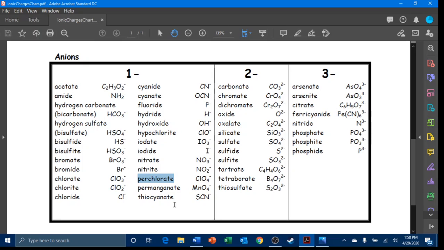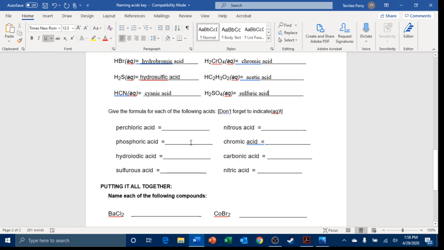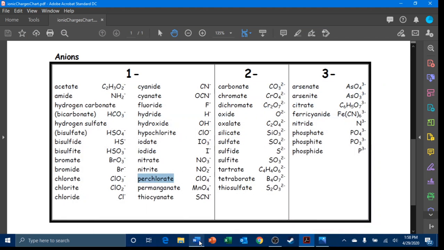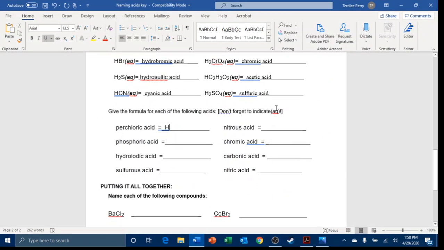Okay, ClO4, perchlorate, and so that's going to be H ClO4. Okay, and that one has, it's a 1. So there's no other suffixes there. There's no crisscross because they're both 1, right? Okay.